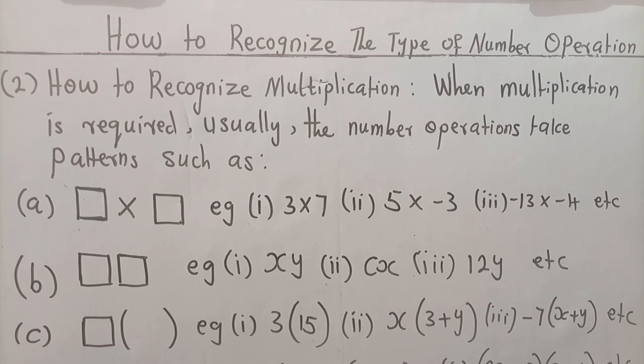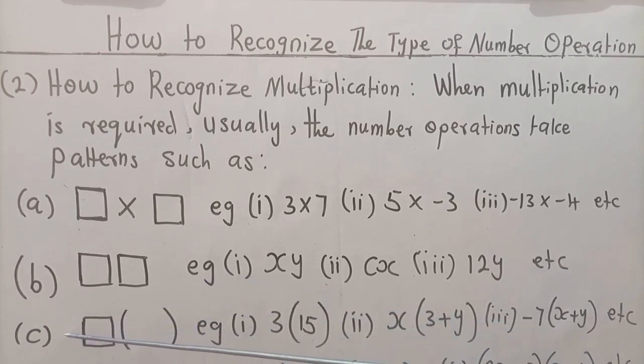That is why it is not good to use this pattern to show multiplication between constants, but between a constant and a variable, and between variable and variable. That is why all the 3 examples here contain such: xy, the next is cx, the next is 12y. This 12y is multiplying a constant by a variable, and such like things.